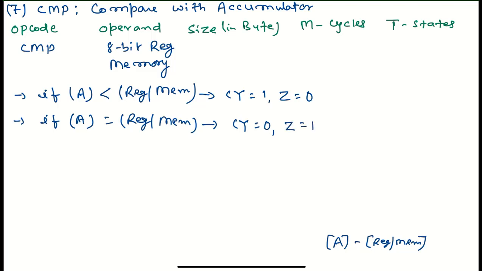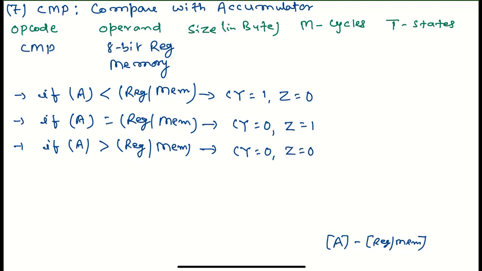Now if the accumulator content is greater than the register or memory, then to perform this subtraction no carry or borrow is required, the result will be positive, so the carry flag will be reset, as well as the zero flag, because the result is positive.